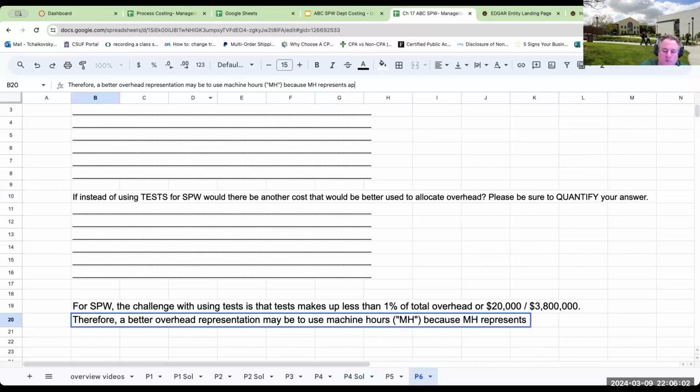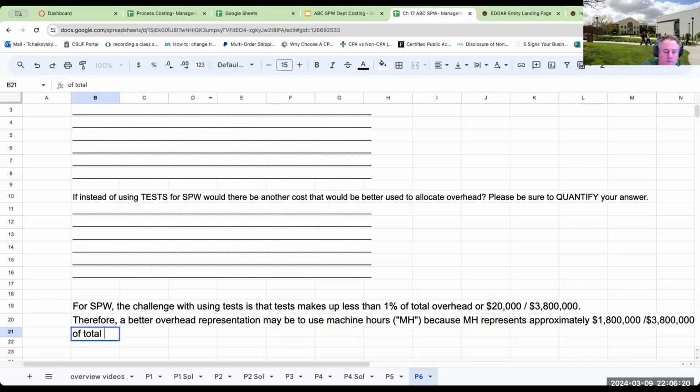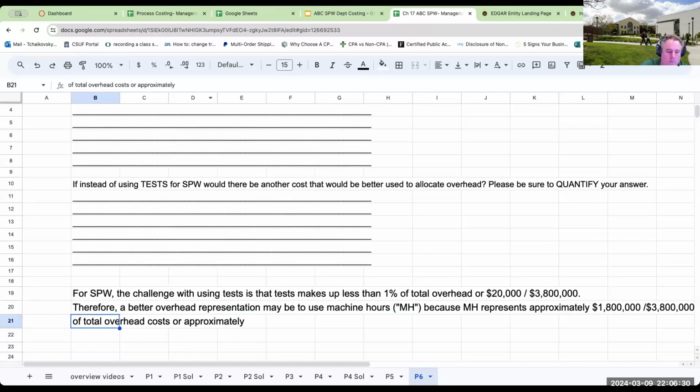because machine hours represents approximately 1.8 million of the 3.8 million of total overhead costs, or approximately 47% of total overhead.